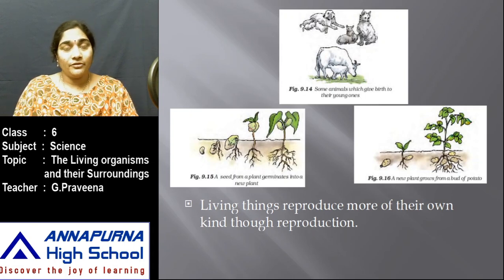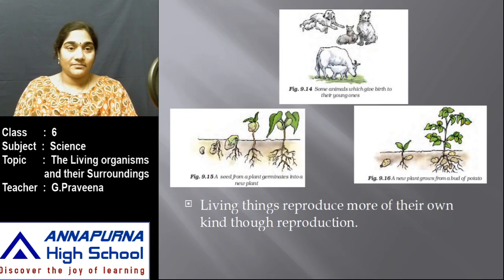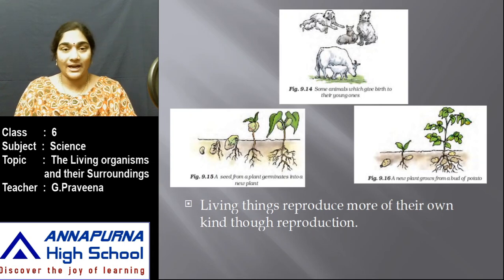Then how is reproduction seen in plants? It might be slightly different. A new plant grows with the help of seeds. The seed germinates and gives rise to a plant. So it is also the process of reproduction. Apart from that, a few plants, even without a seed, germinate and grow into a new plant, from parts such as a stem or a leaf.